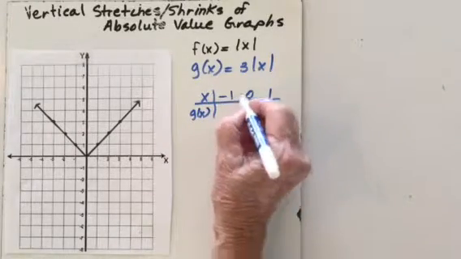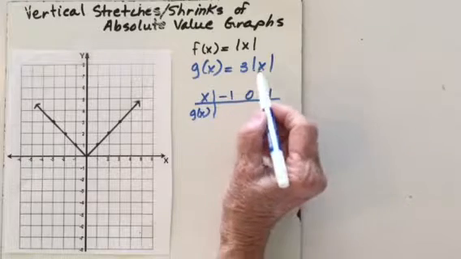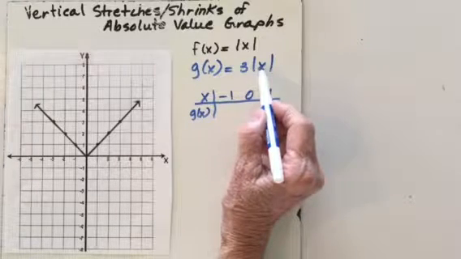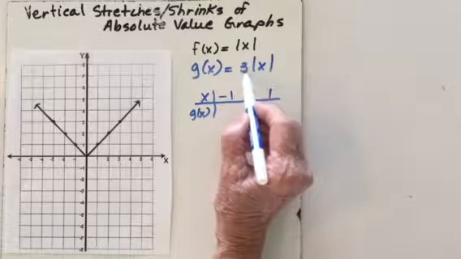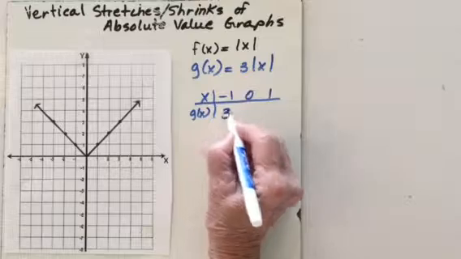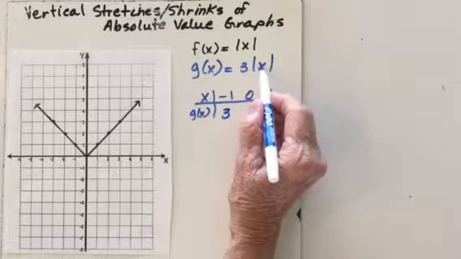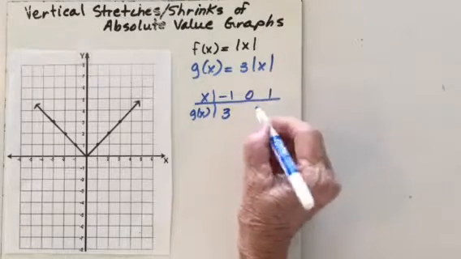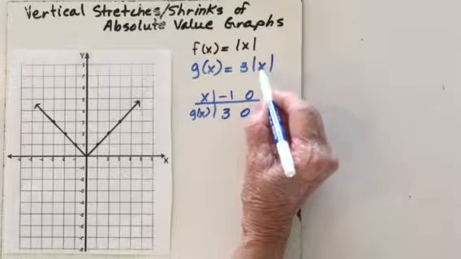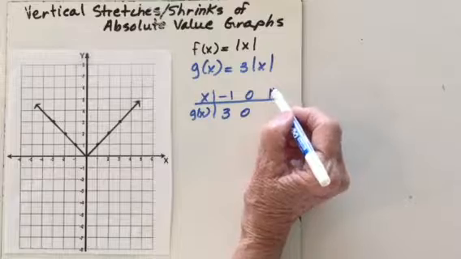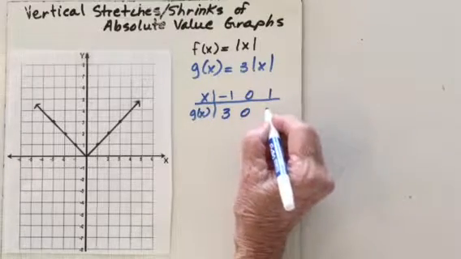So if I have -1, of course, when I pull -1 out of the absolute value sign, it becomes +1. So 1 times 3 is 3. And of course, 0 times anything is 0. So 0 times 3 is 0. And then I bring the absolute value of 1 out, and it just becomes 1. 1 times 3 is 3.